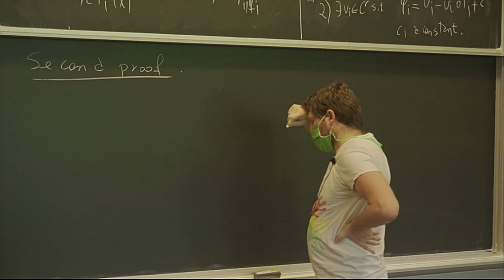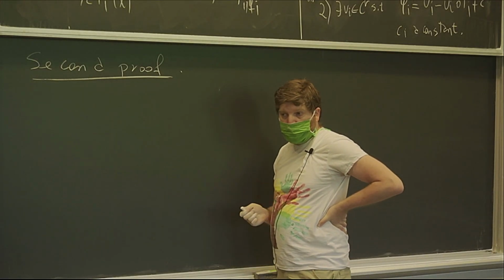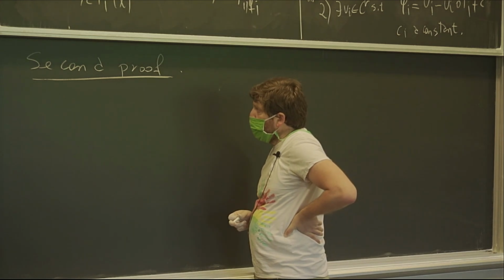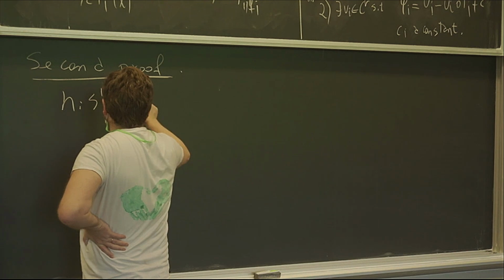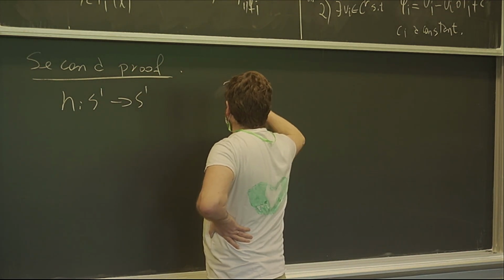The idea is very simple. Then you have to make the idea work. That's not so simple. So you have your H from the circle to the circle. You have your Ti's and your phi i's.